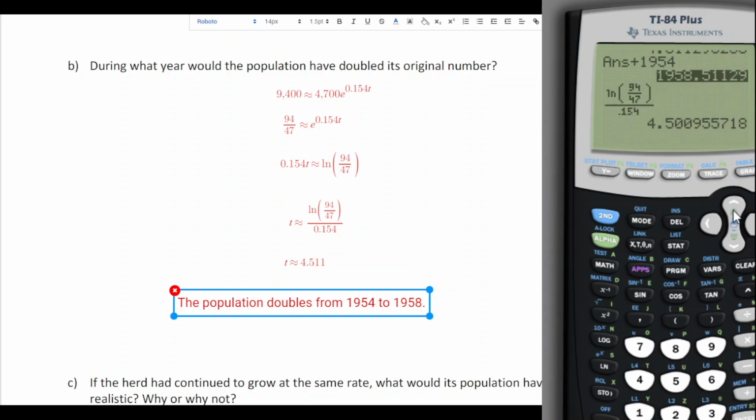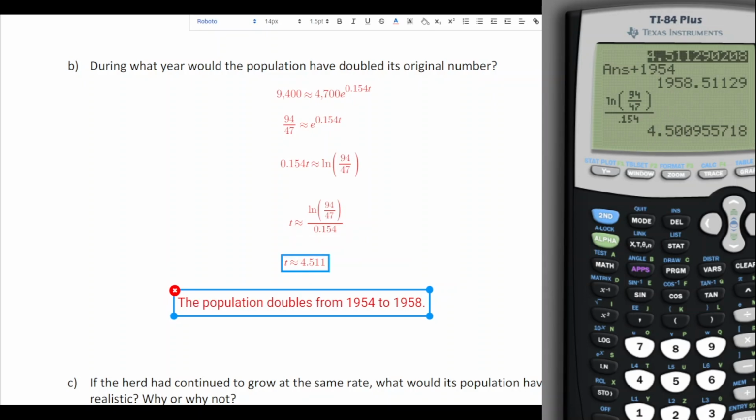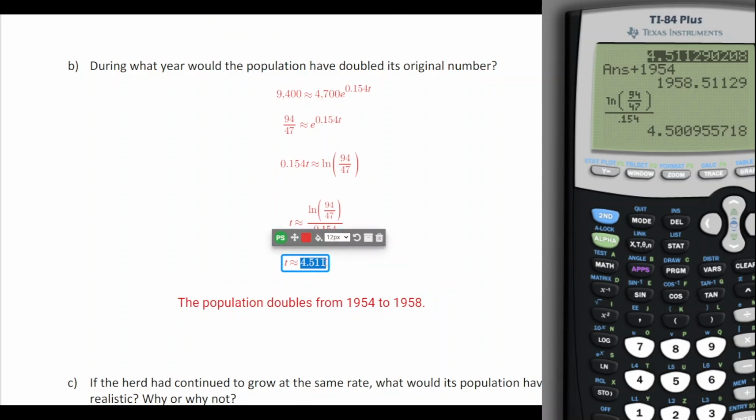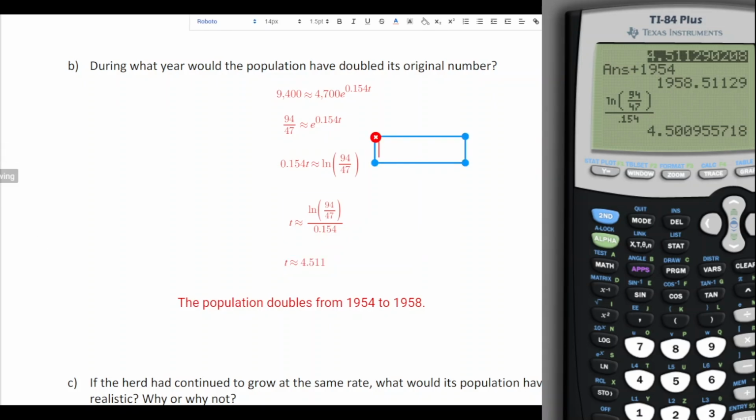It's not going to affect my year because of the rounding here, but you can see the 4.511 is different than 4.500. And I guess this would round up to 4.501. Either way, it's different. So you want to be really careful with the rounding, and to be on the safe side, don't round until the very end. Save this k value as a constant in your calculator if you're going to have a multi-step problem like this.